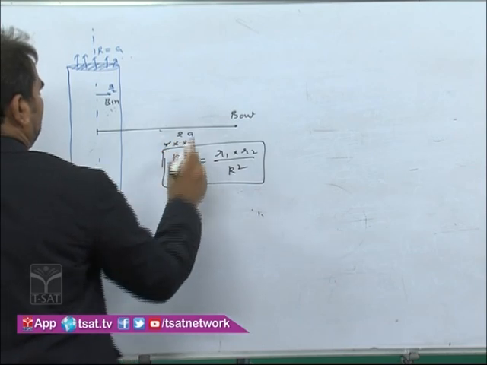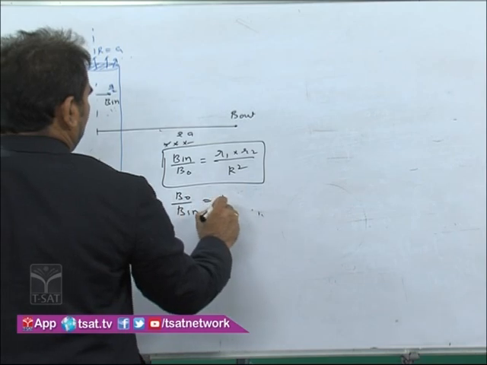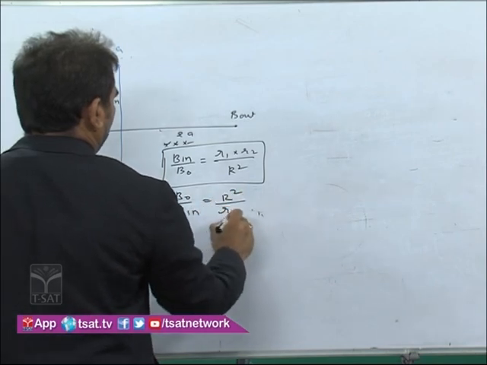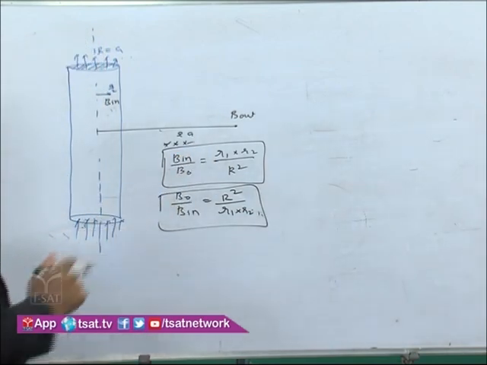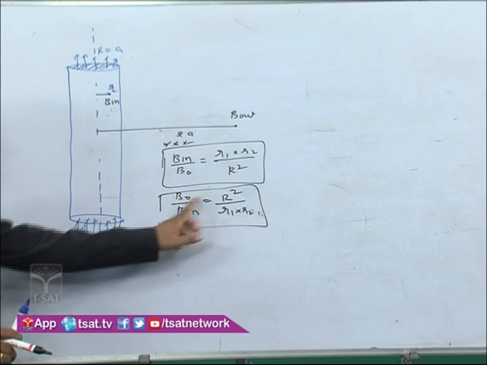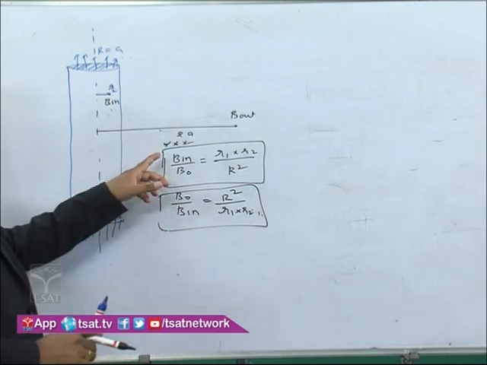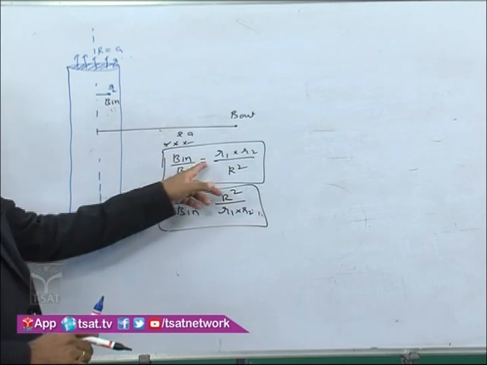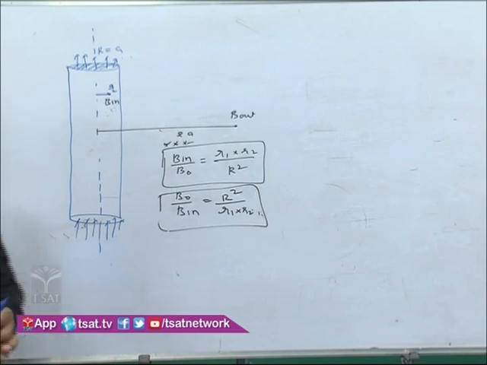Or B out upon B in is equal to R square upon R1 into R2. So, if they ask the ratio of the magnetic fields B out and B in, then we should use this formula. If they ask B in upon B out, we should use B in upon B out is equal to R1 into R2 by R square.